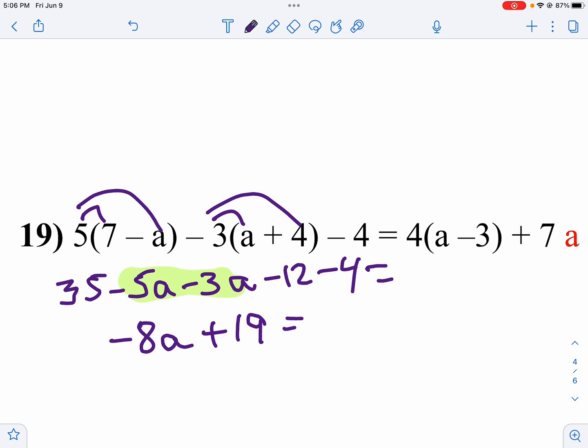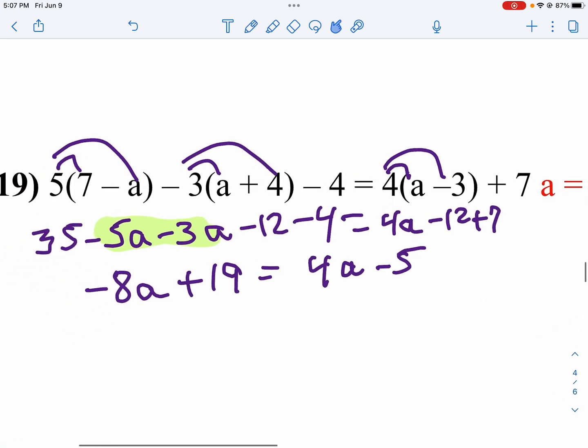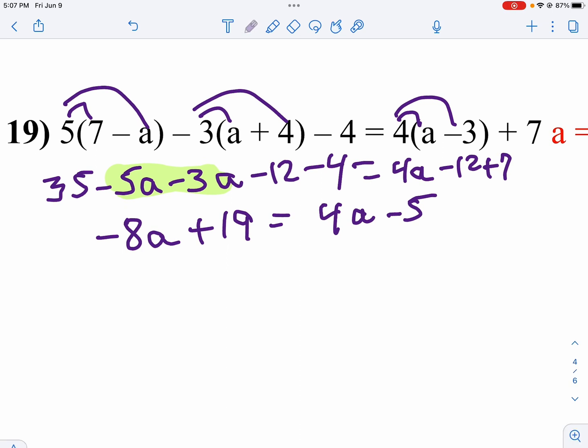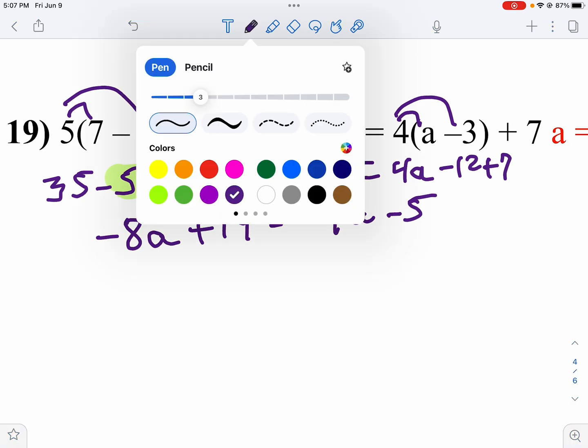Now, let's go to the right side, and let's do the same thing. So I'm going to take 4 times a. I'll get 4a. 4 times negative 3 is negative 12 plus 7. Well, that simplifies to 4a minus 5. Now, let's move all the a's to one side.